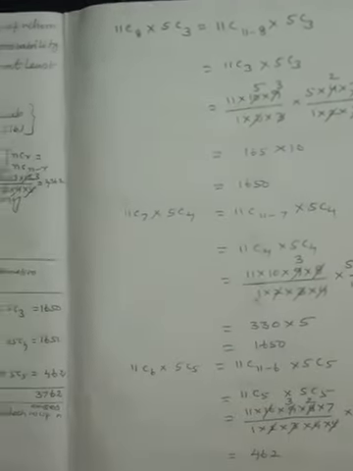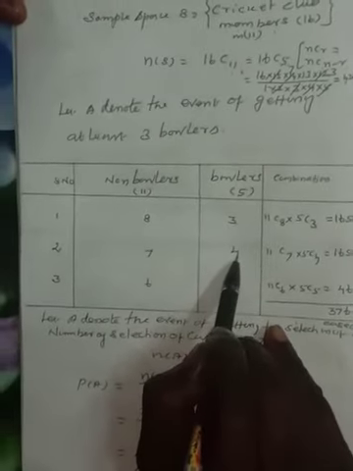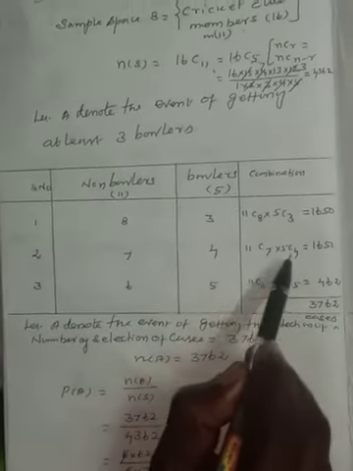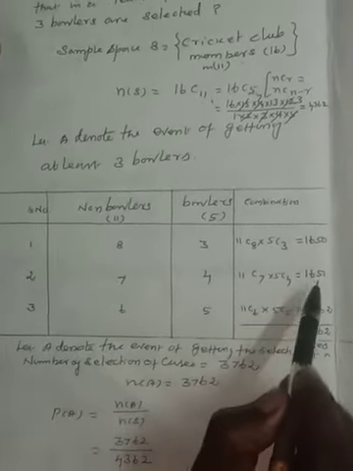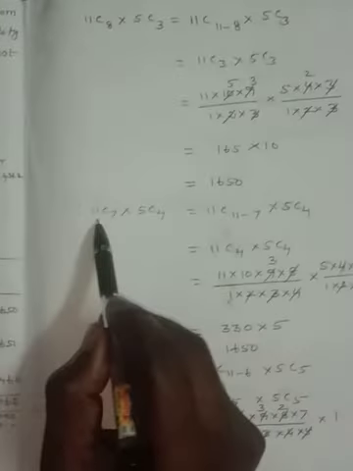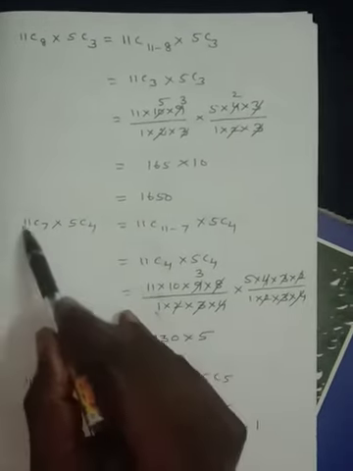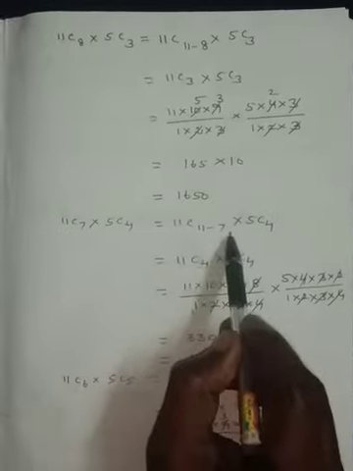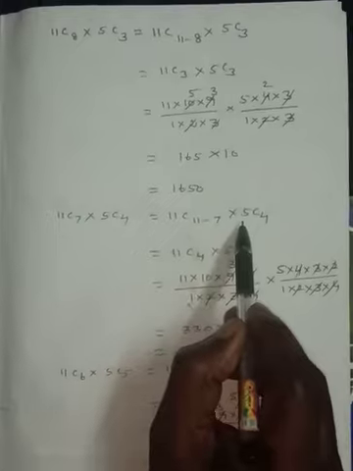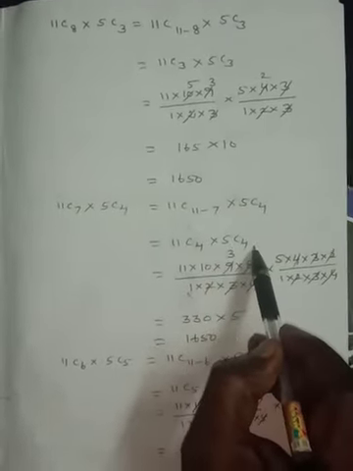Next serial number 2. 7 non-bowlers, 4 bowlers. 11C7 into 5C4 is equal to 1650. 11C7 into 5C4 is equal to, using the formula nCr is equal to nC(n minus r), 11C(11 minus 7) into 5C4, is equal to 11C4 into 5C4.